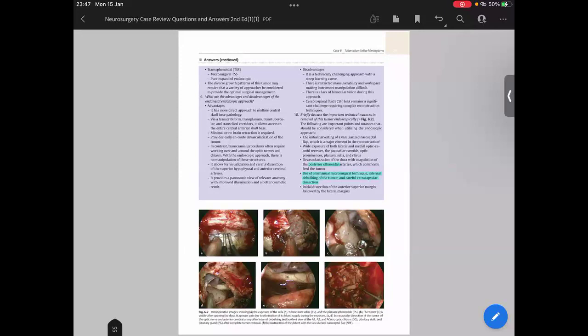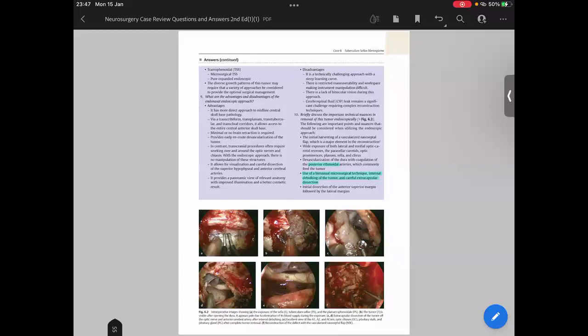And there is restricted maneuverability and workspace, making instrument manipulation difficult. There is lack of binocular vision during this approach, and CSF leak remains a significant challenge, requiring complex reconstruction techniques.